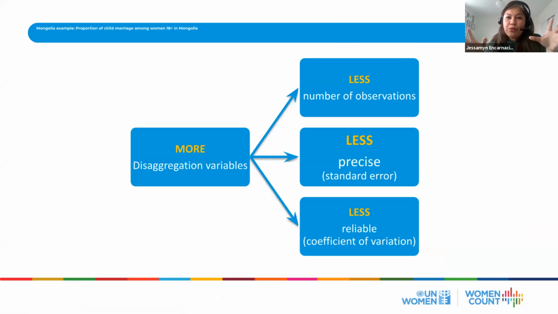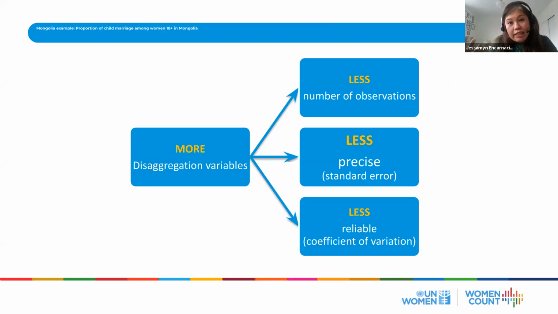When we do disaggregated gender statistics, we have to look at more disaggregation variables. Just take, for example, the Mongolia experience that we had. We wanted to look at the indicator proportion of child marriage among women aged 18 or over, and then look at the dimensions of income and location of these women.